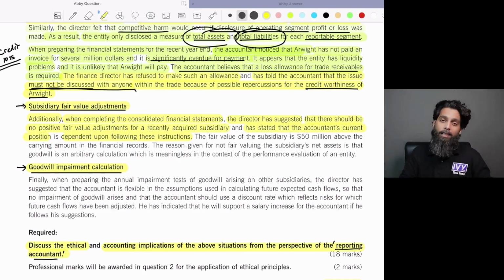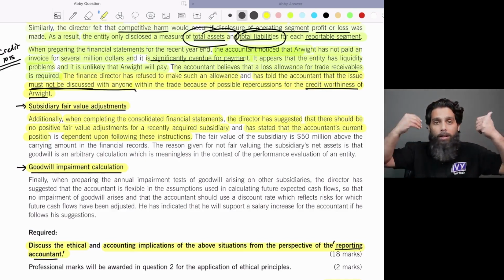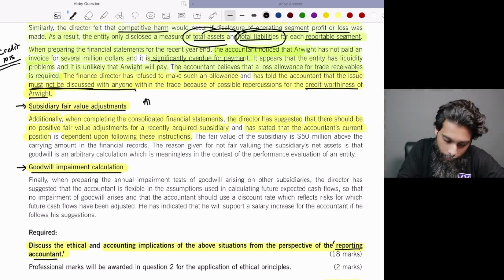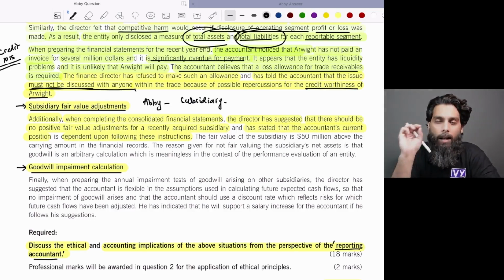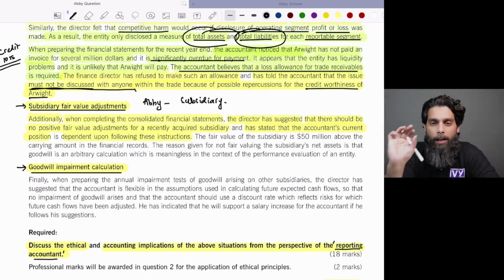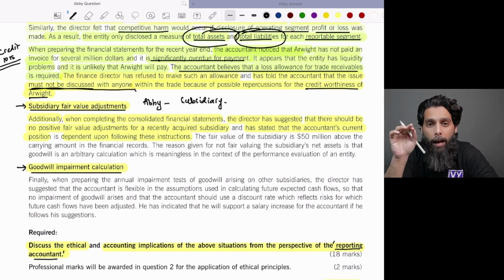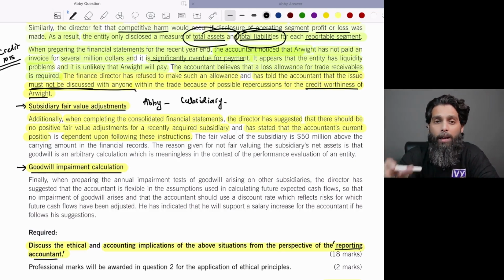So technically, you are a reporting accountant who is in big trouble.